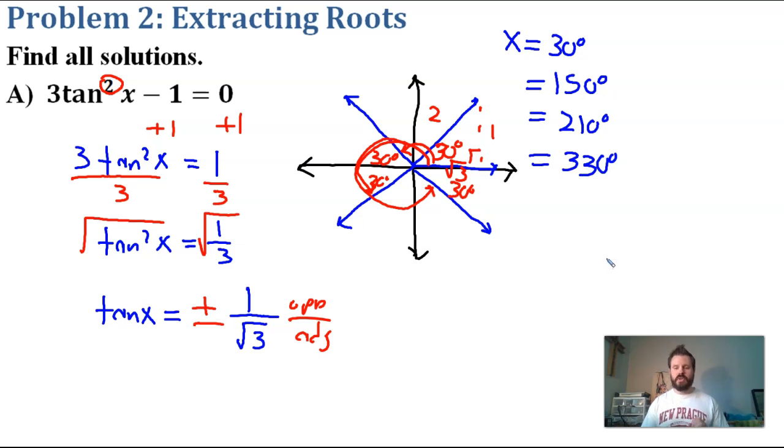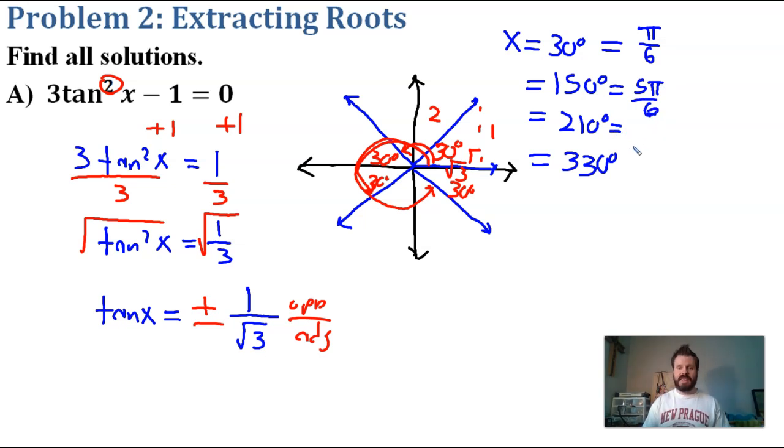Okay, we want to put these in terms of pi's. So what I can do is multiply by pi over 180. If I do that, I actually know that 30 is pi over 6. Okay, 150 is pi over 6 short of pi, short of a half rotation, so I know that's a 5 pi over 6.